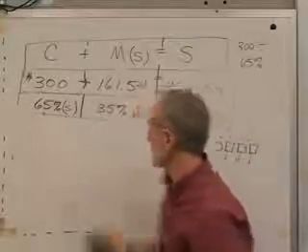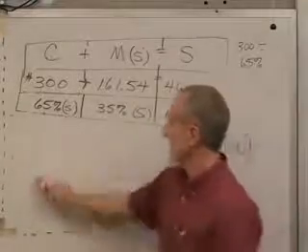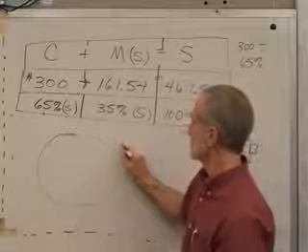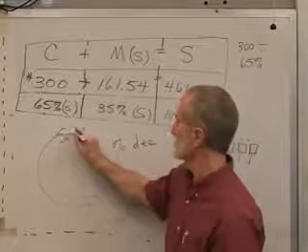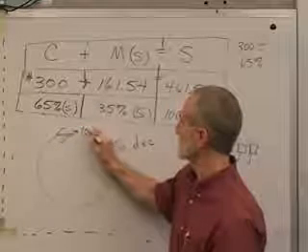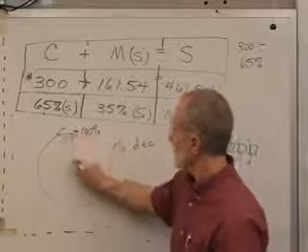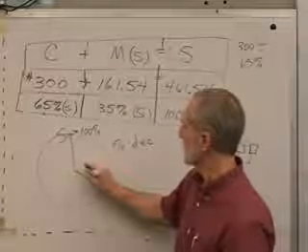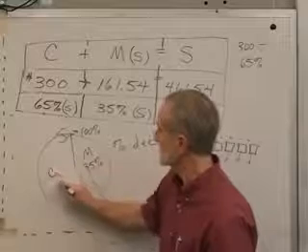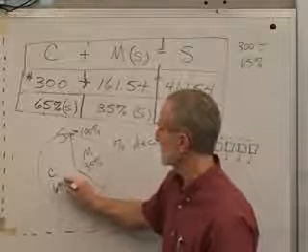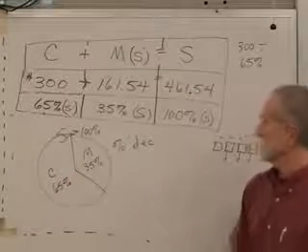Margin based on selling price is exactly like percent decrease. The selling price is the biggest thing, that's the 100%. The margin is smaller than that, it's the 35%. And the cost is smaller than the selling price, it's the 65%.